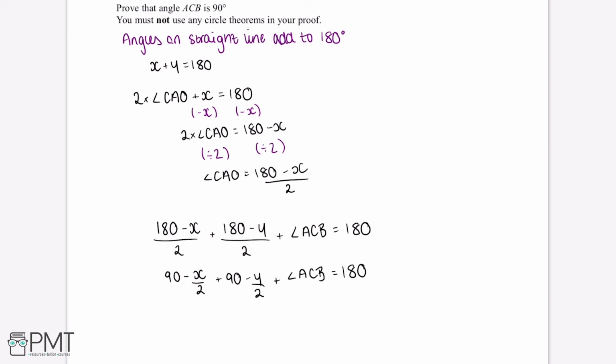And if we collect all the like terms, this gives us that 180 minus x over 2 minus y over 2 plus angle ACB is equal to 180 degrees.